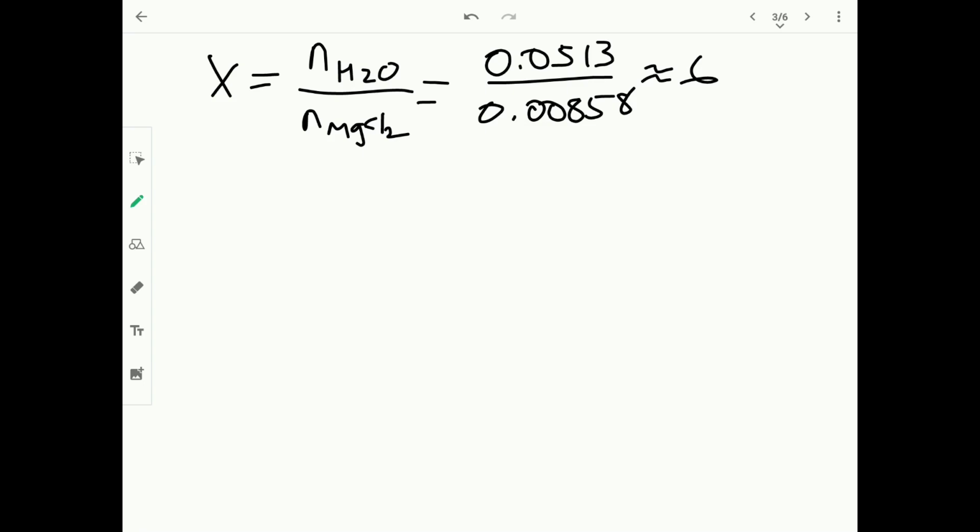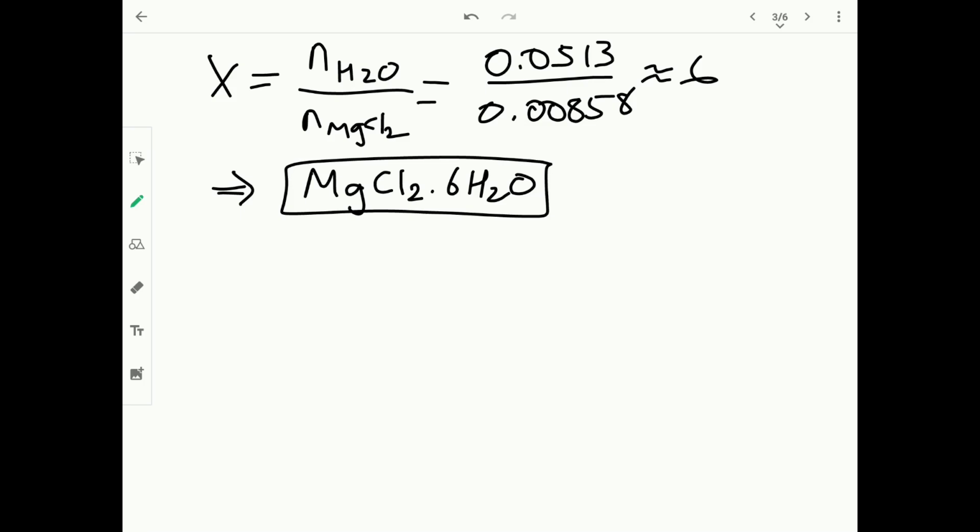The answer we got was extremely close to 6. That's why we take it to 6. So the final formula for the compound is MgCl2 dot 6H2O. So we find the number of moles of MgCl2, then to get the X, we do number of moles of water over the number of moles of MgCl2.